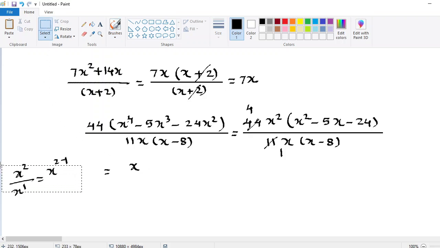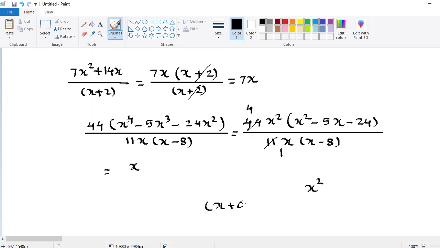Now as we have learnt in our previous topic, we are going to factorize this. But this factorization is not using identity because 24 is not a perfect square. So this factorization is by using identity x plus a into x plus b. Now as this last term is negative, our numbers will have different signs.